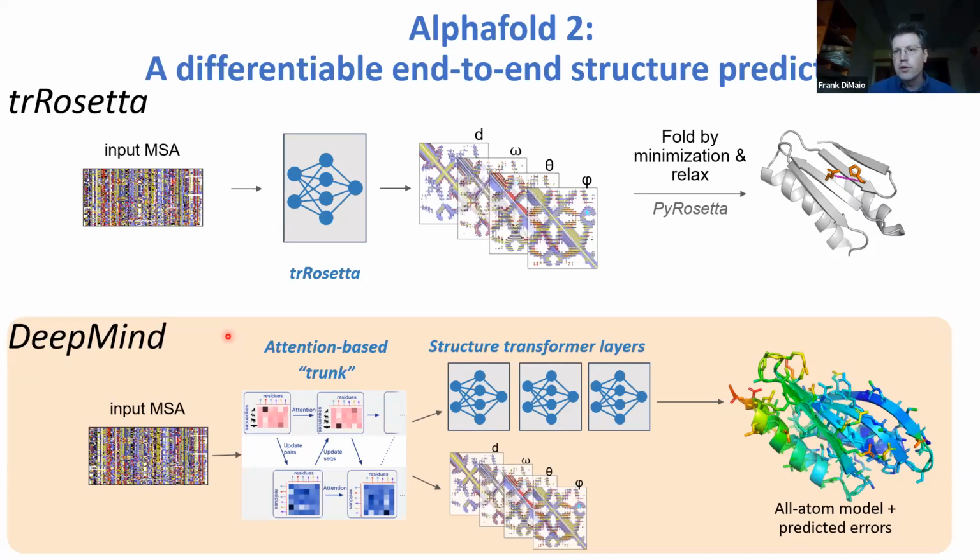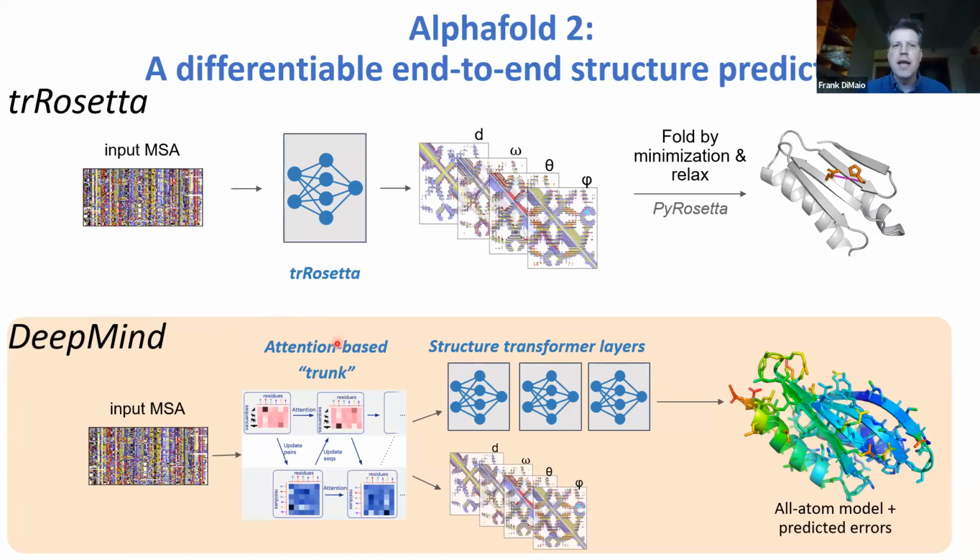In convolutional neural networks, information in an image is going to flow at each level to nearby pixels. It makes sense for images, but for proteins, where your pixels are residues in the protein, this doesn't make a ton of sense. If the N and C termini are near each other, you don't want that information to take forever to get from the N to the C terminus. And so I think that was another piece.